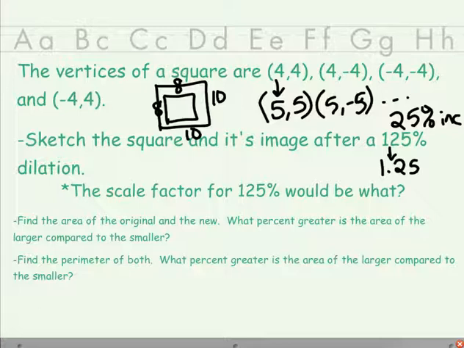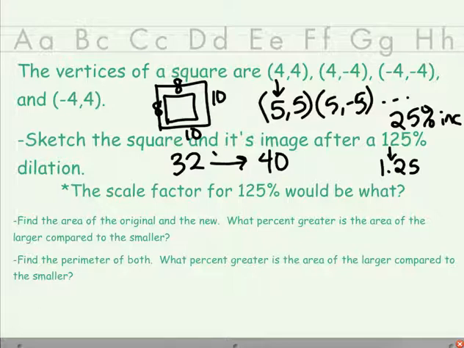So the perimeter scale factor, if we look, we have a perimeter for the small one of, let's see, 8 times 4, which is 32, and then 40. So we are going from 32 to 40. Meaning, if we figure out what the scale factor is between that, 32 times 1.25 gives me 40.